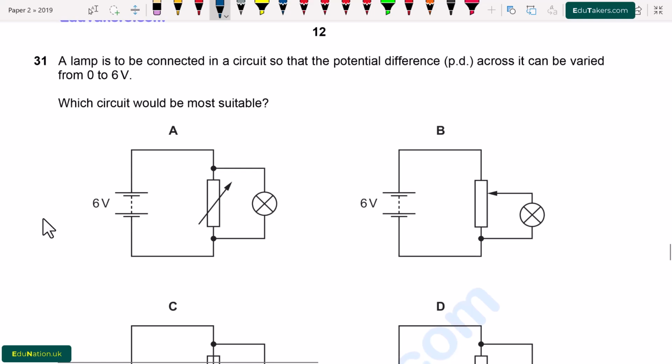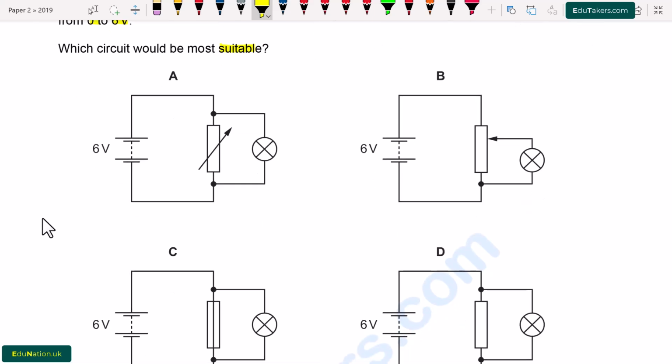Question number 31. A lamp is to be connected in a circuit so that the potential difference across it can be varied from 0 to 6 volt. Which circuit would be most suitable? Here we can see 4 circuits are shown. In the circuit B, there is an arrow.